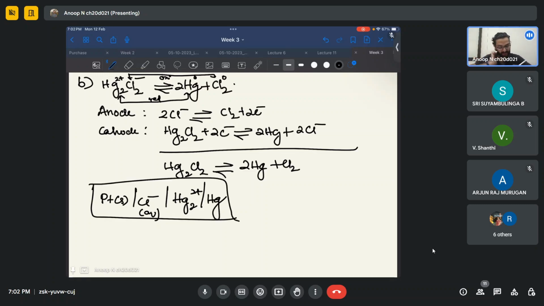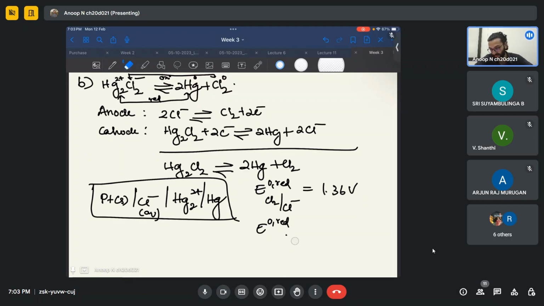I will give the E0 values. E0 reduction for Cl2 bar Cl minus is equal to 1.36 volt. Then E0 reduction for Hg2 2+ bar Hg is equal to 0.79 volt.